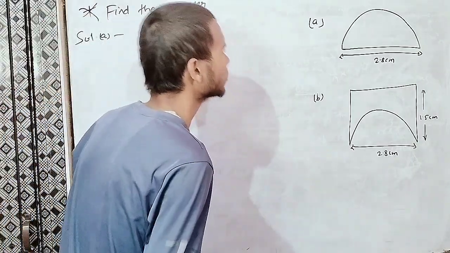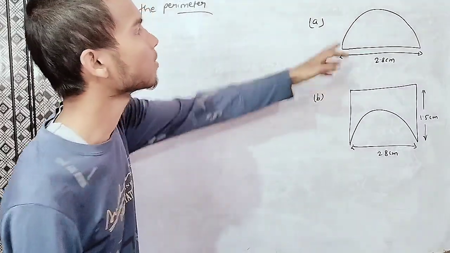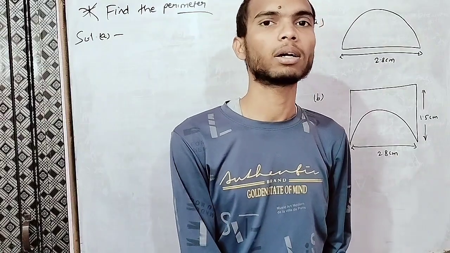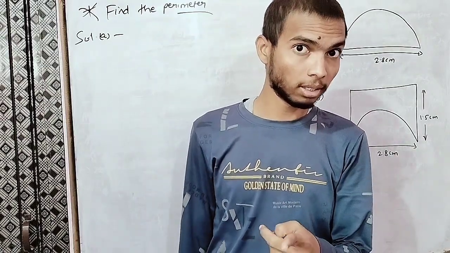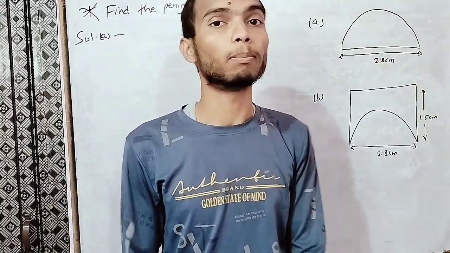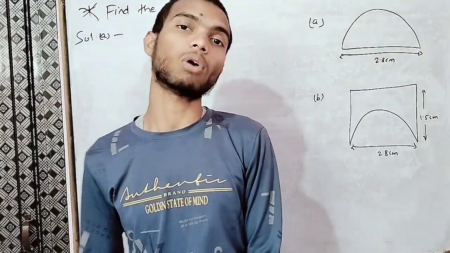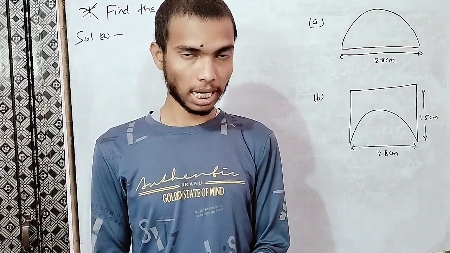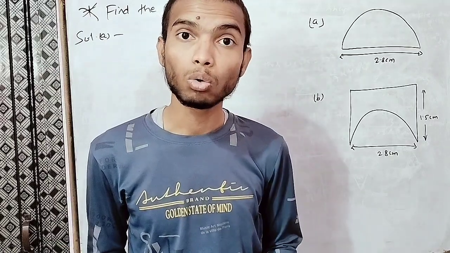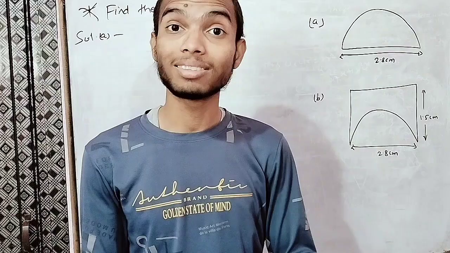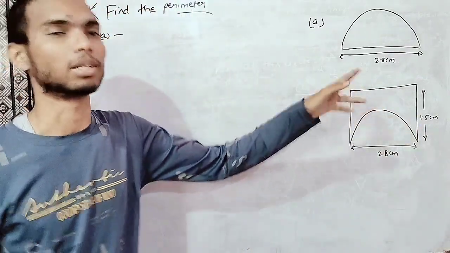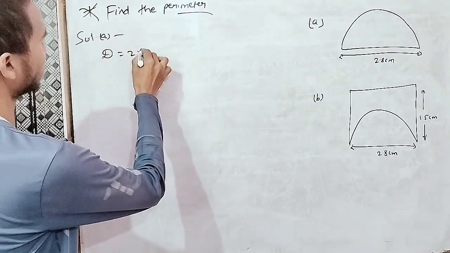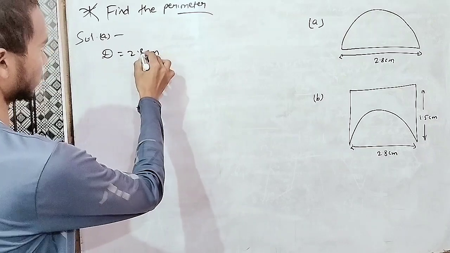When we have it, we will add the curve length with the diameter of this semicircle together, and then we will get the total length of this circumference. So we have a diameter given, 2.8 centimeter.